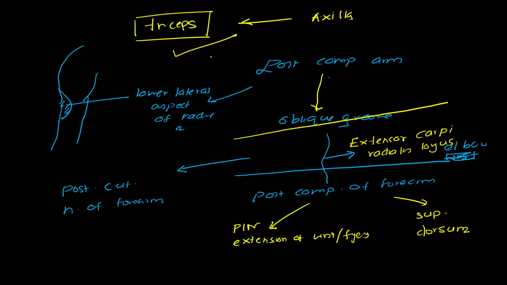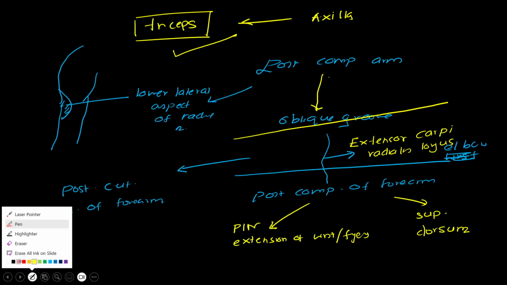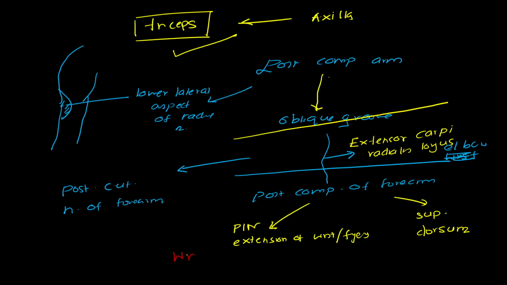Therefore, the individual can extend the arm, involving extension of the elbow joint as well, because the triceps are functioning, but will have problems in extension of the wrist as well as the fingers. So you would see the presence of a wrist drop as well as a finger drop.